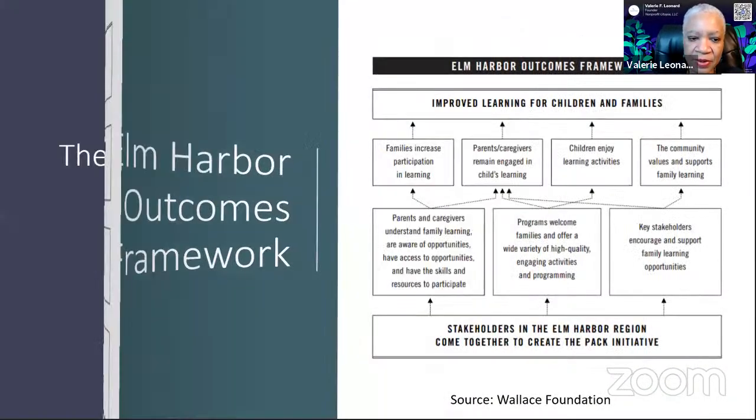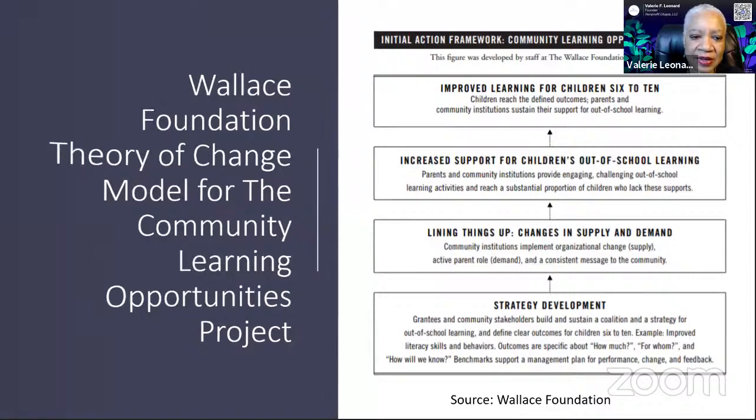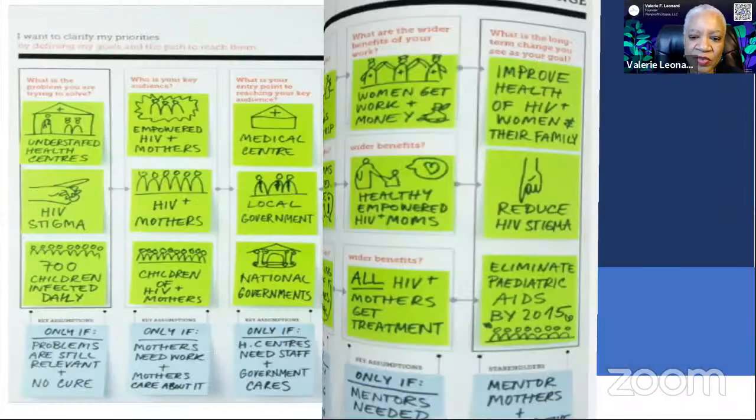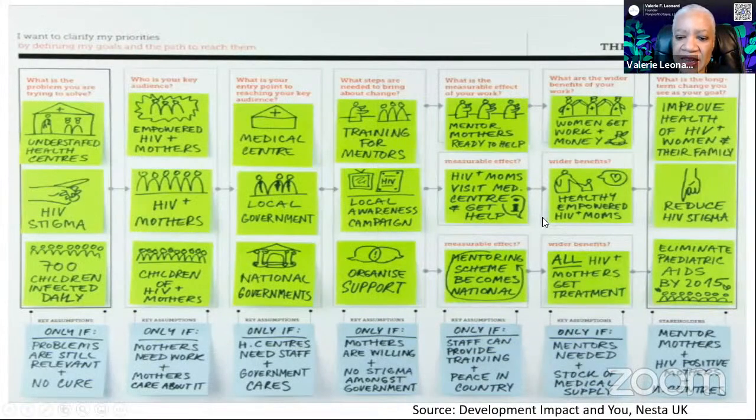Okay, bear with me. I ended up getting ahead of myself. All right. And then the next measurable effect is HIV positive mothers will visit medical centers and get help. So this is something you can actually quantify. You can actually quantify the number of HIV positive mothers who are visiting these centers.